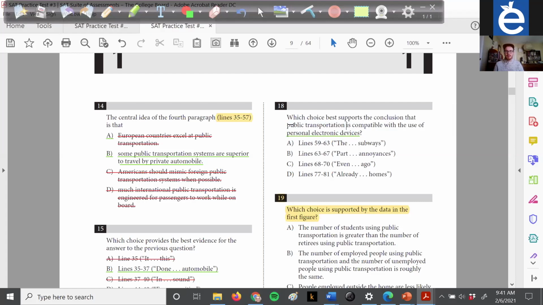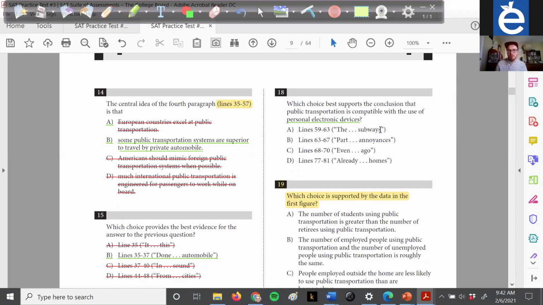We definitely want to find something about public transportation. If it doesn't bring that up, we're not interested. We want to find something that's giving a pro, right? Showing that it's actually compatible, that the two can work together with personal electronic devices. So it has to mention both, and it has to mention both in a positive connective way.